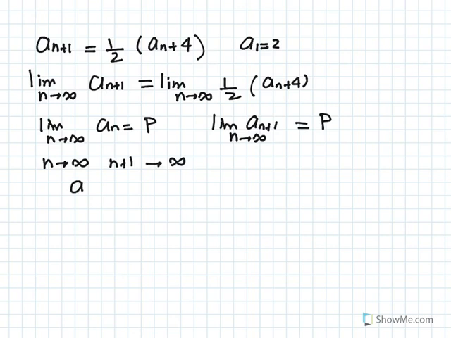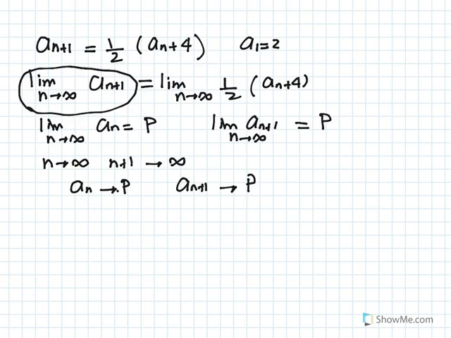So when a_n approaches P, a_(n+1) also approaches P. So the left-hand side is just P.